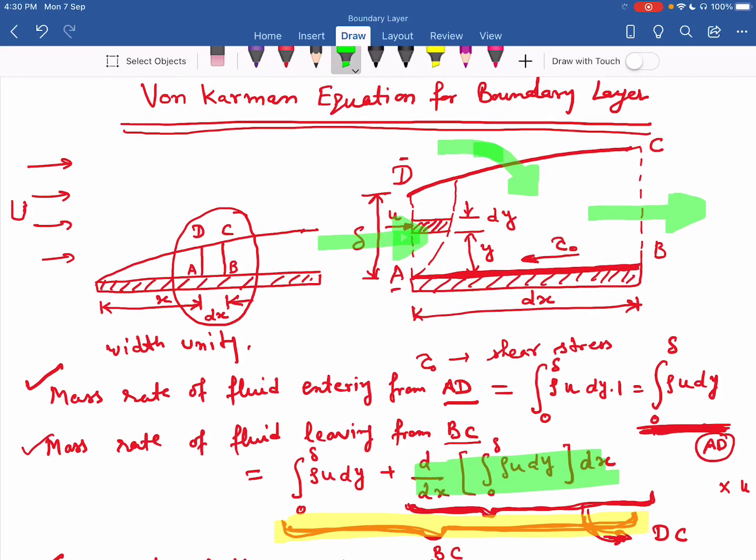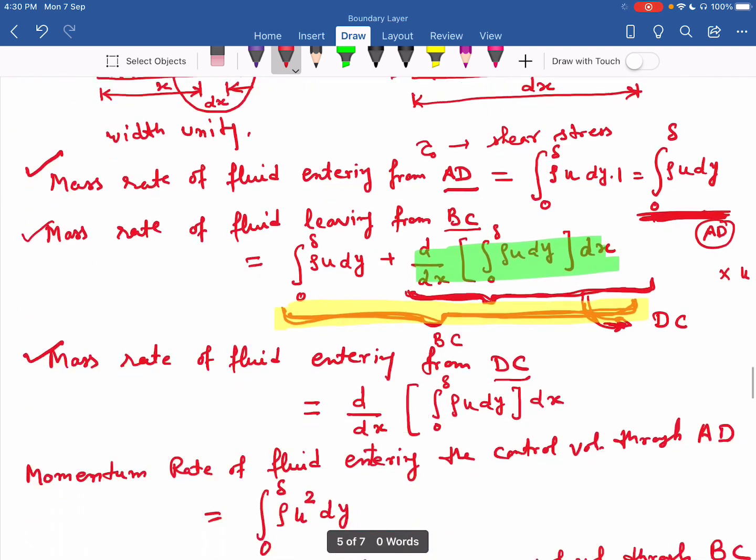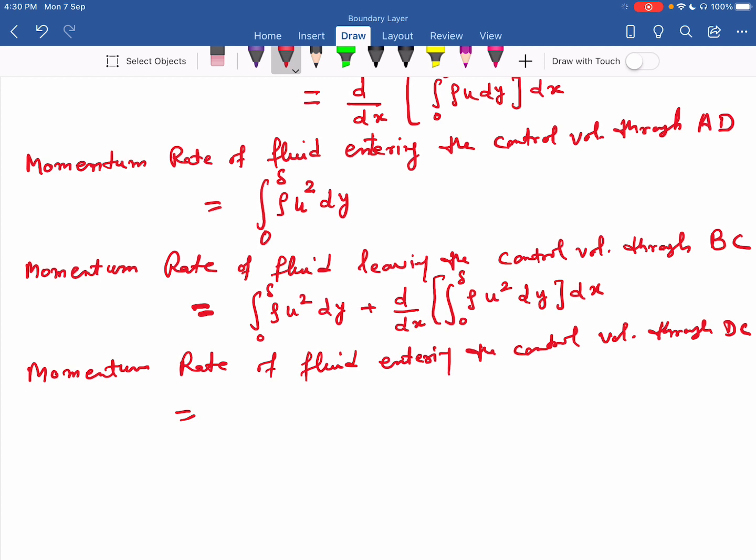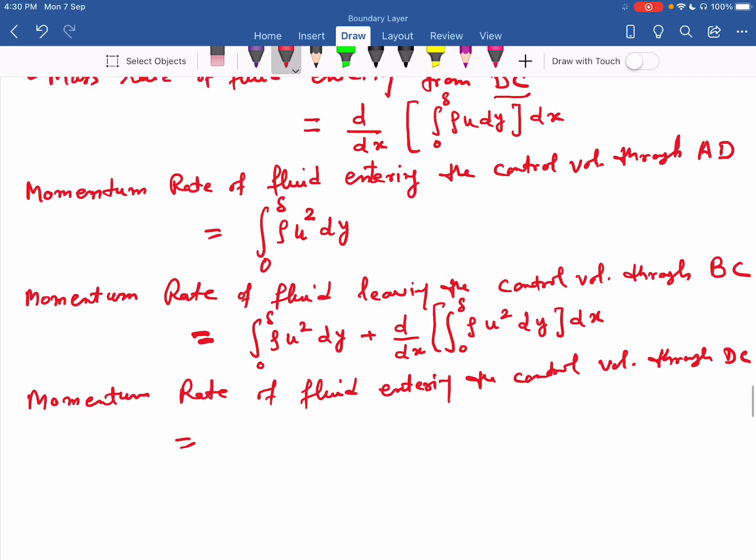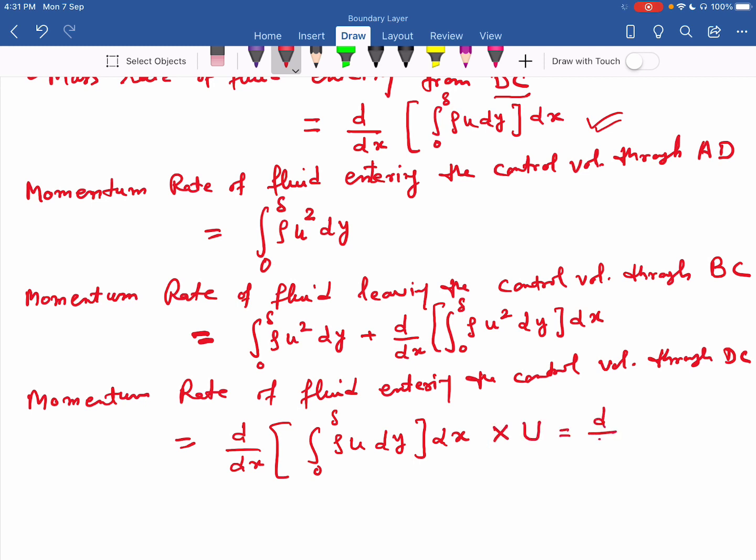The entry is from here, and this entry is with velocity capital U. So I can write the momentum as the mass flow rate, d by dx of integration of rho u dy into dx from 0 to delta, multiplied by capital U. It comes out to be d by dx of integration from 0 to delta of rho small u capital U dy into dx.